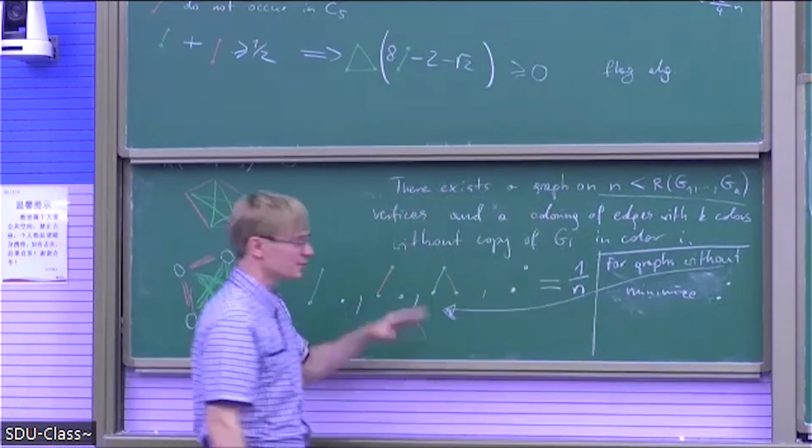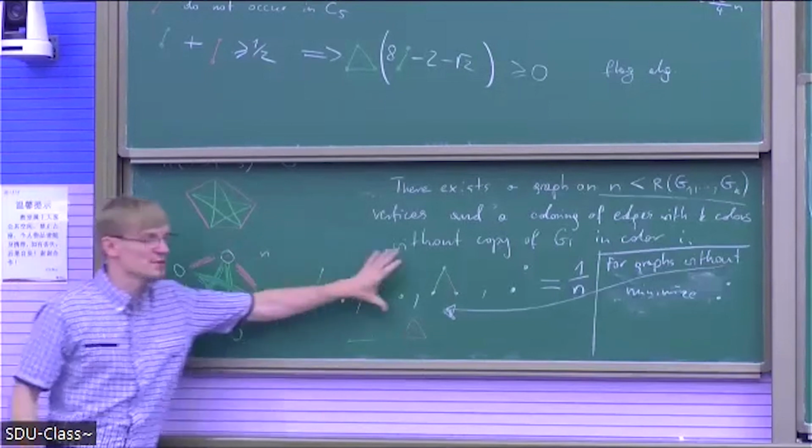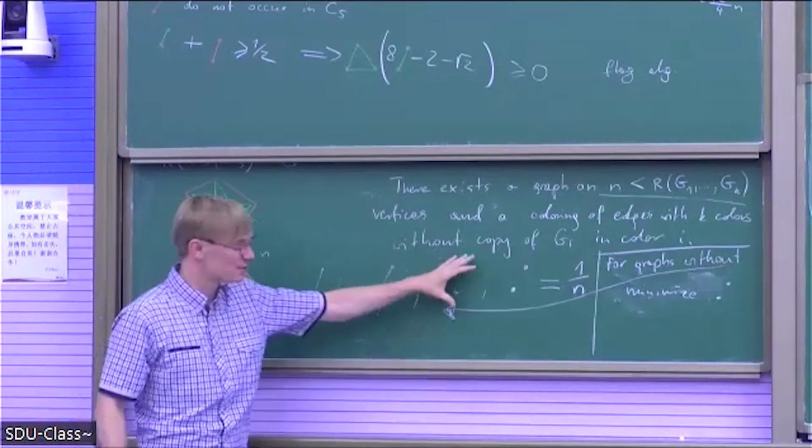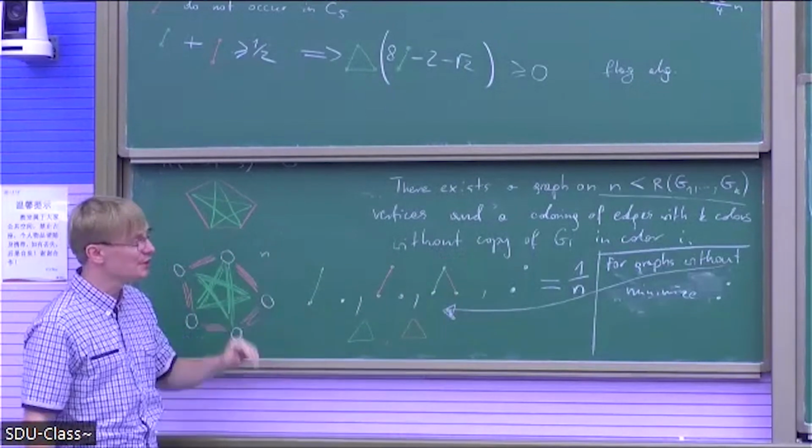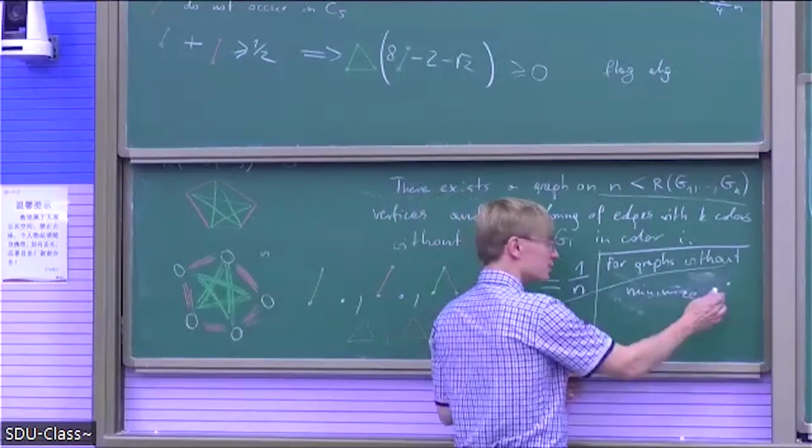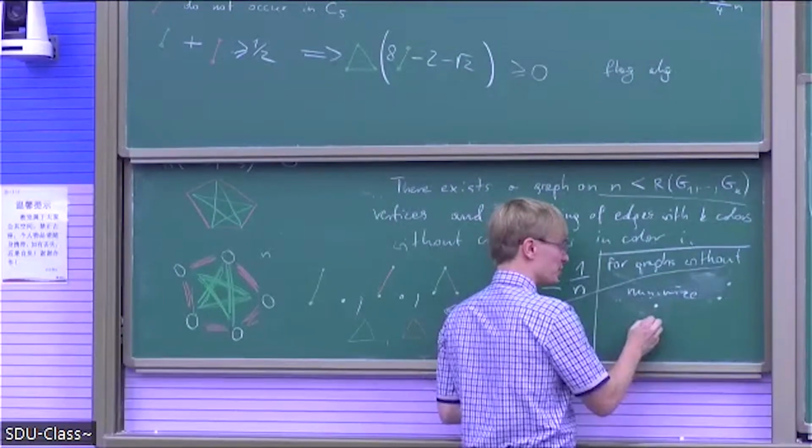So let's say I run this program, setting those assumptions, I minimize the non-edge density, and I'm able to prove some lower bound.